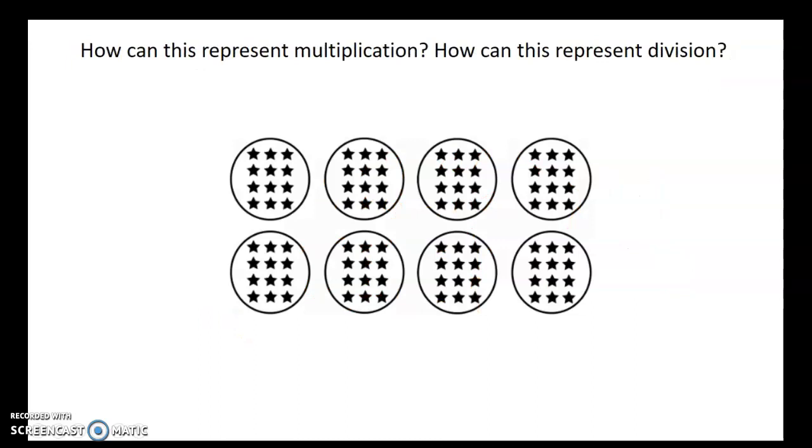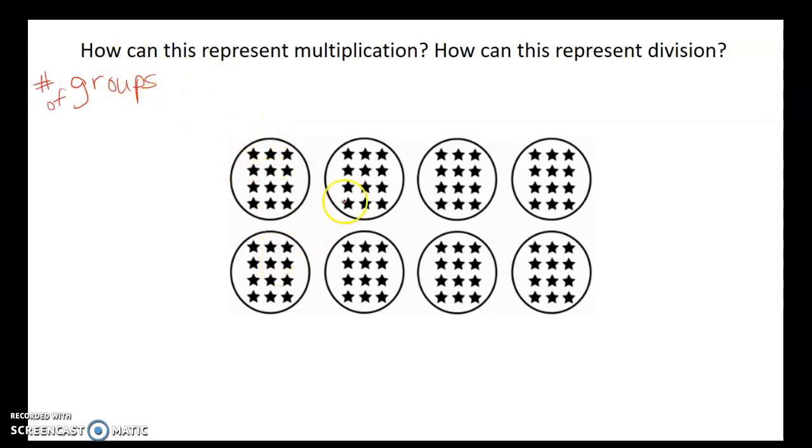So I want to know, how can this be represented as multiplication and how can it be represented as division? So the first thing we have to know in this problem, there's a couple of things. We need to talk about the groups in this picture. Okay, the groups, the number of groups, that's important.